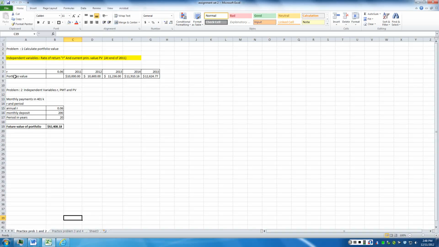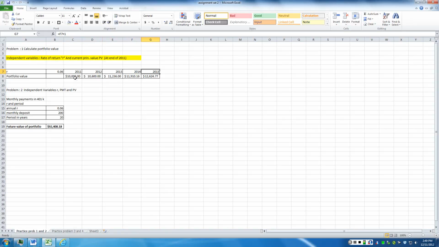So the first one was that if a person has $10,000, which is in cell C8 in my Excel, and if the portfolio was going to grow at 6%, which is 0.06, cell B7, and we want to calculate what is going to happen from 2011 to 2012 and then to 13, 14, and 15.